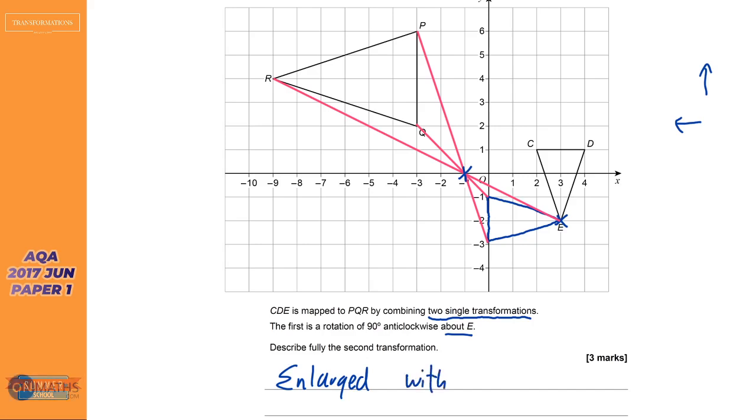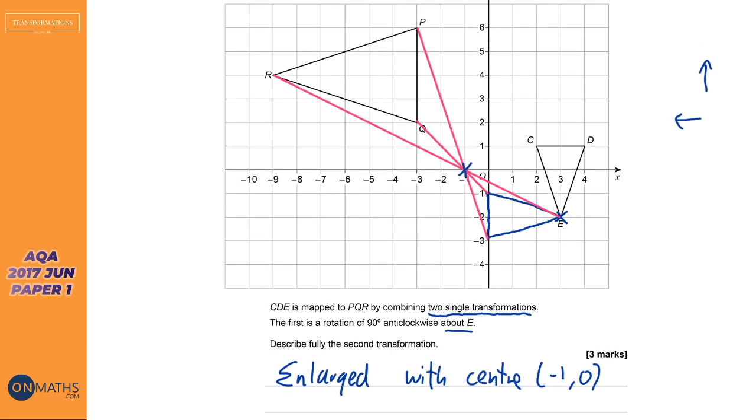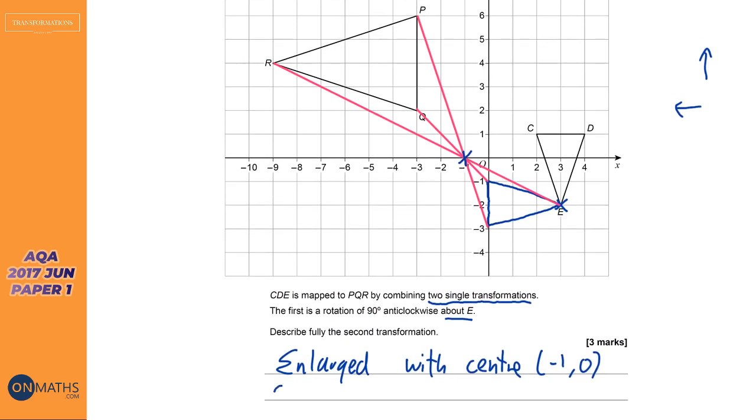So with center -1, 0. Now we need to know the scale factor. Scale factor is easier to work out. Now whenever the ray lines have to go back through the center of enlargement, it's always going to be a negative, so we might as well just write a negative there. We know it is.